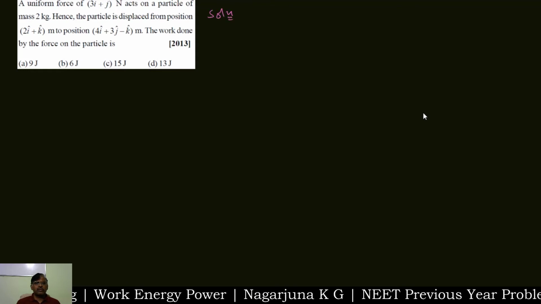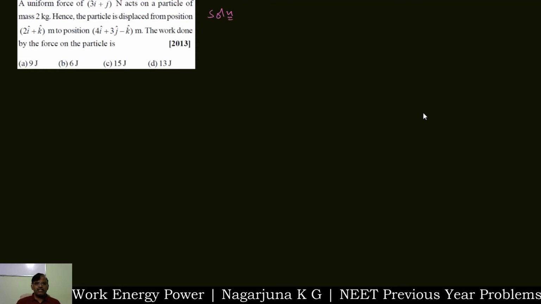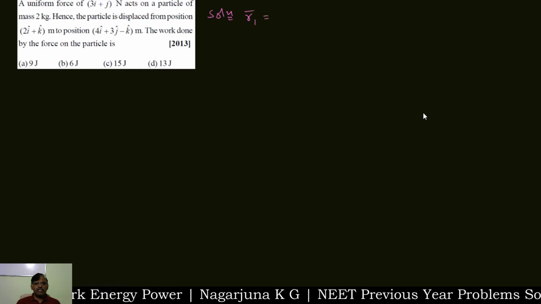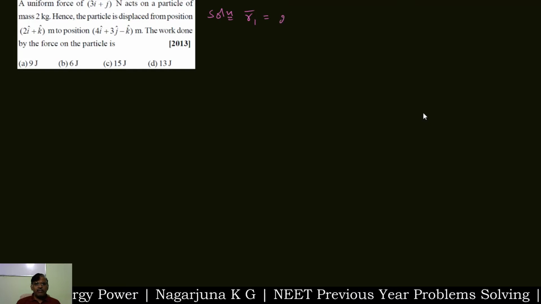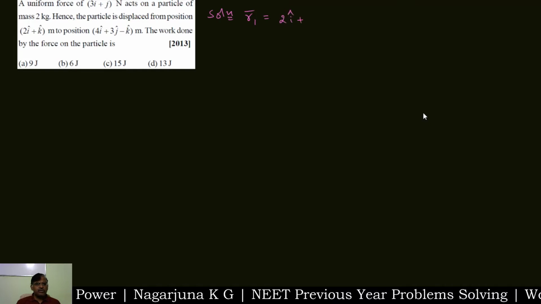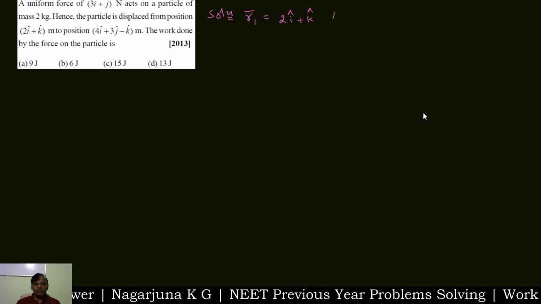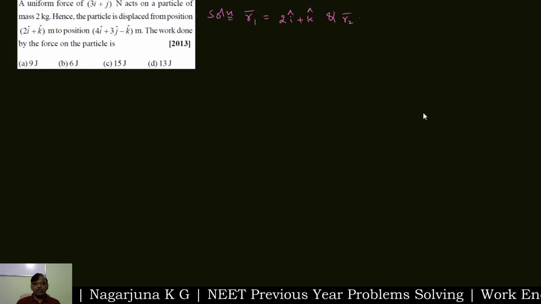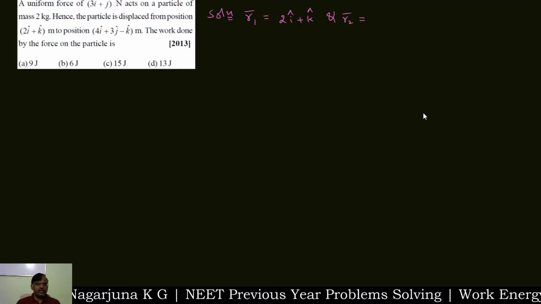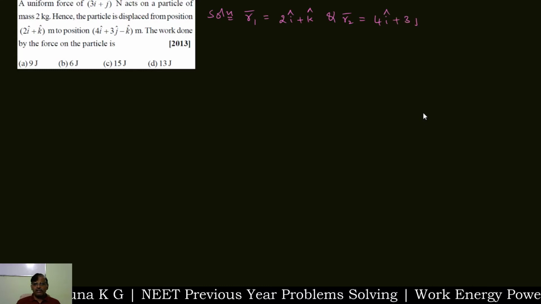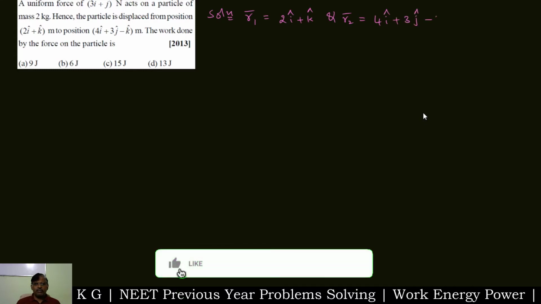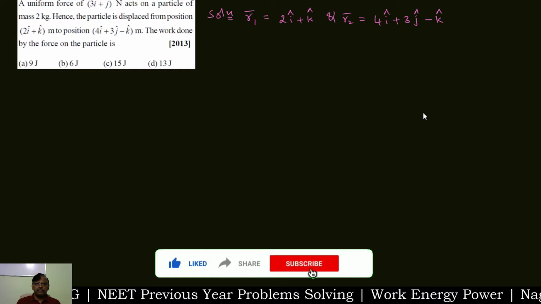Solution. First, let us take R1 bar, the initial position vector. R1 bar is given as 2 i cap plus k cap, and R2 bar, the final position vector, is given as 4 i cap plus 3 j cap minus k cap.